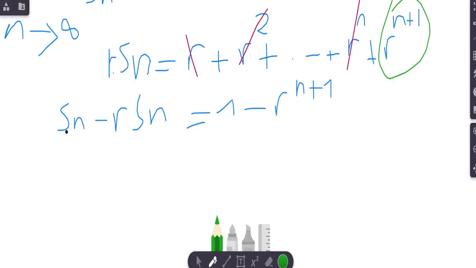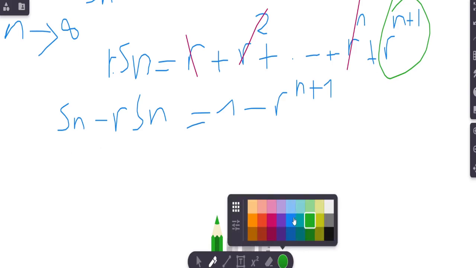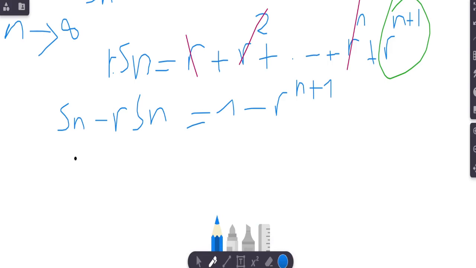Okay. So now we can factorize the left part of the equation by Sn. So we will have Sn multiplied by 1 minus r equals 1 minus r to the n plus 1.